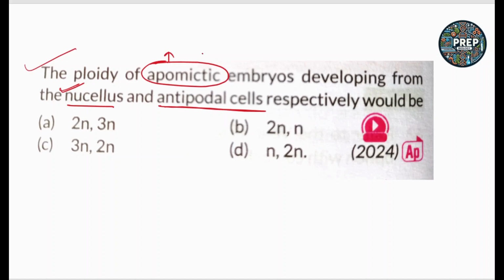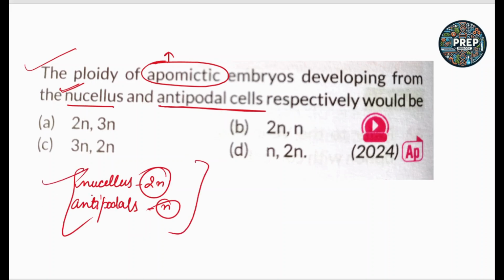The nucellus is diploid in nature and antipodals are haploid in nature. So the answer is 2n and n. The answer number B is correct.